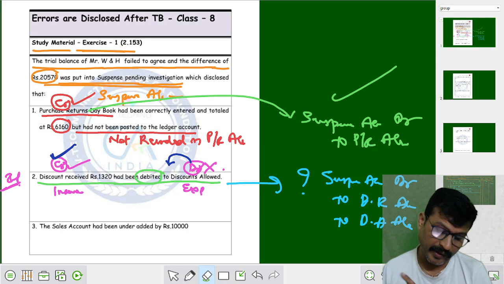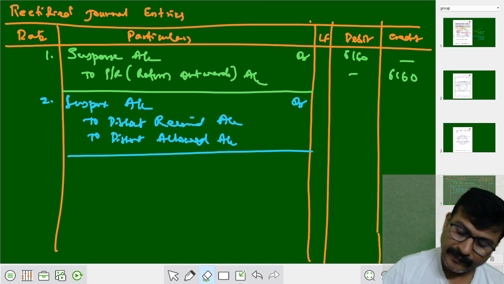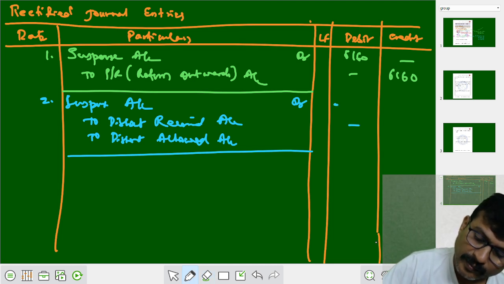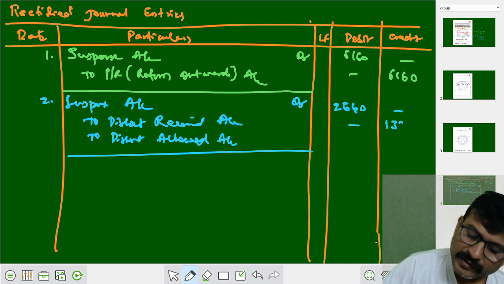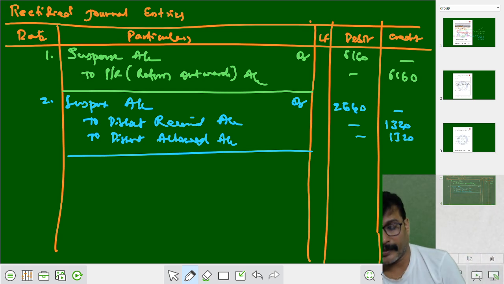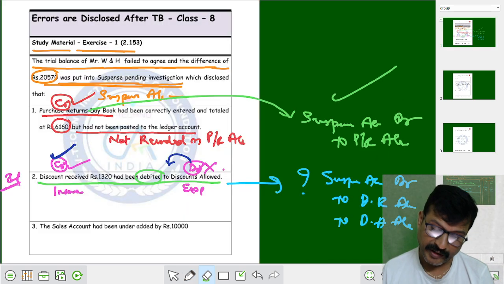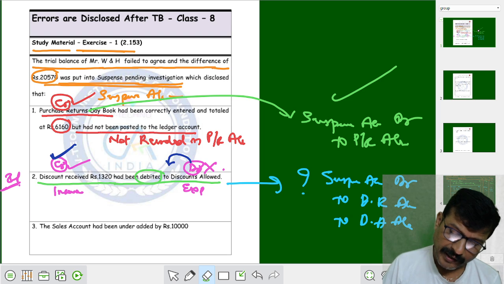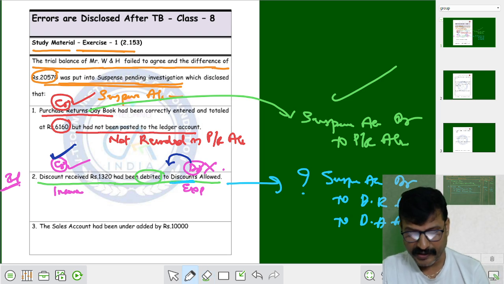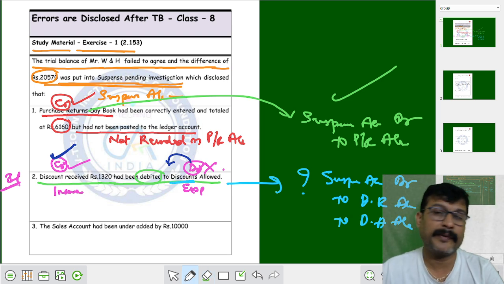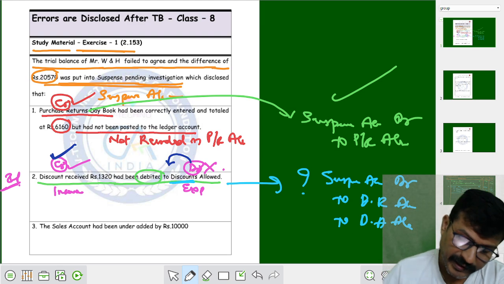How much amount we have to write? 1,320, 1,320, altogether 2,640. Being wrong debit to discount allowed account is rectified.